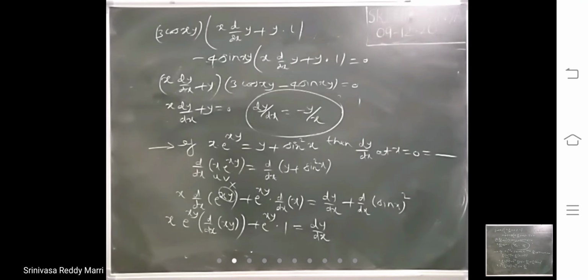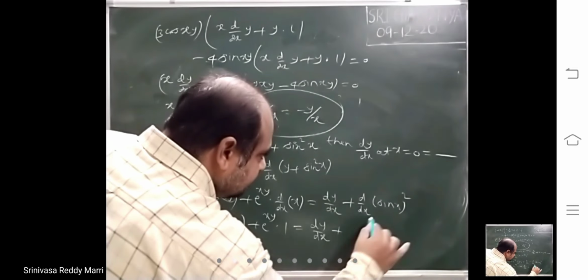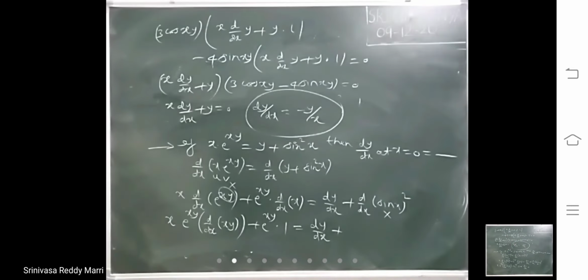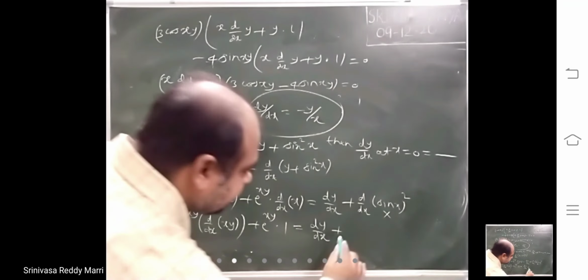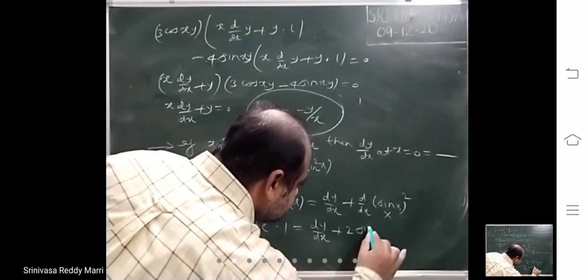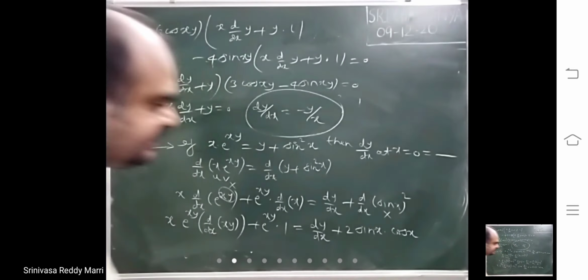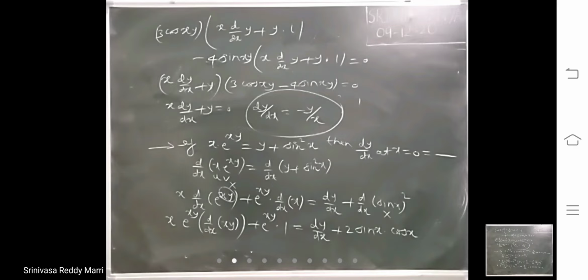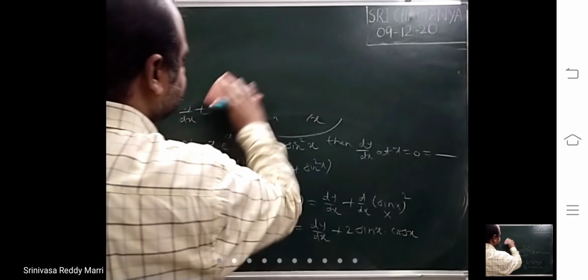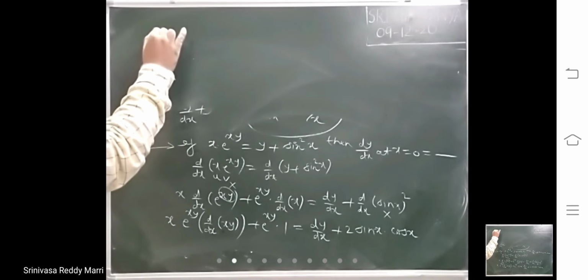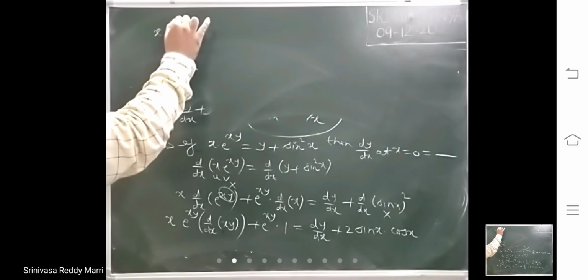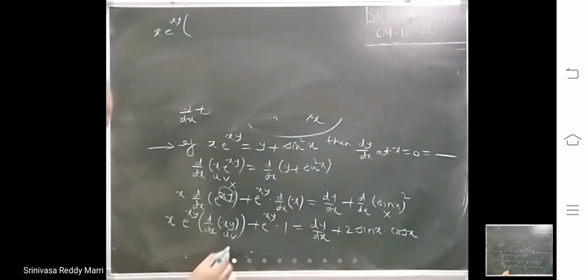So equals dy by dx plus this is capital X square, 2 sin x into d by dx of sin x, which is cos x. Now this d by dx of xy is there, uv.